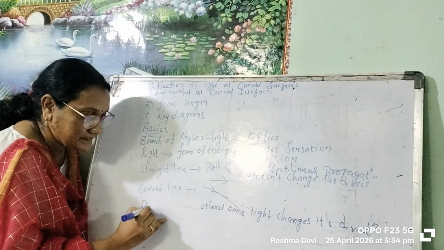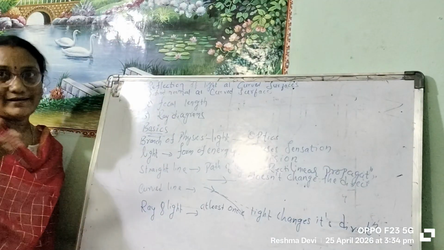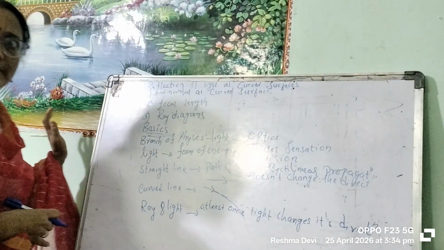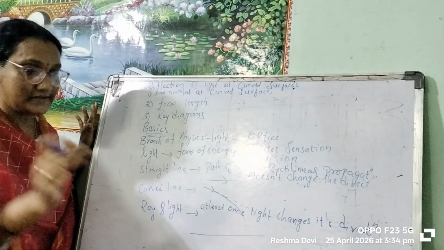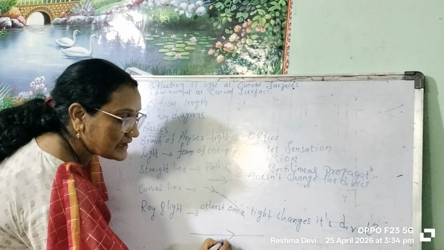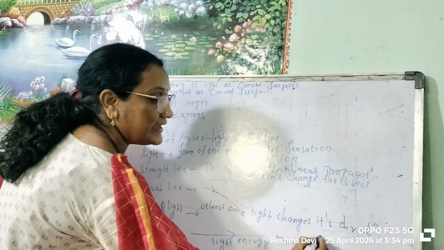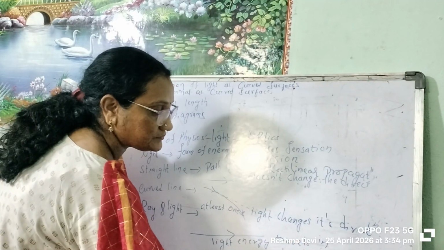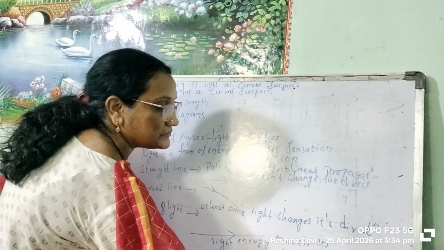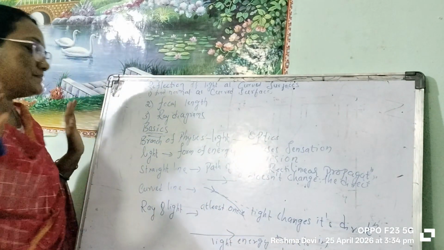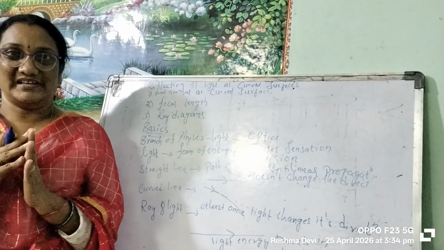Next, ray. Ray of light generally we call a ray. Ray means an idealized straight path along which light energy travels in a specified direction. So the branch of physics which deals with light properties we call optics.